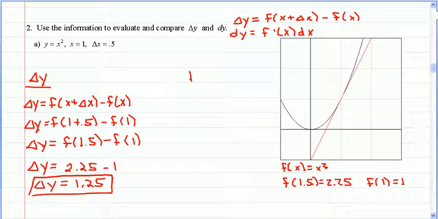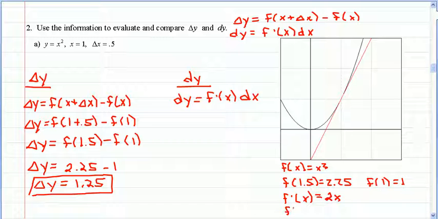Now we look for dy. And again, the formula for dy is equal to f prime of x dx. And to find f prime of x, I just take the derivative of f of x, so it's 2x. And so f prime of 1 is equal to 2.